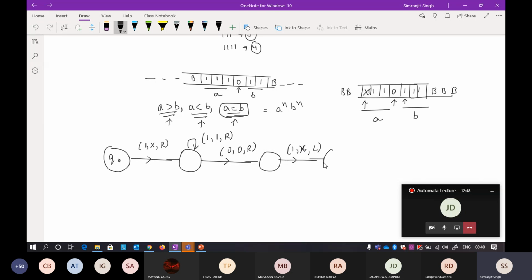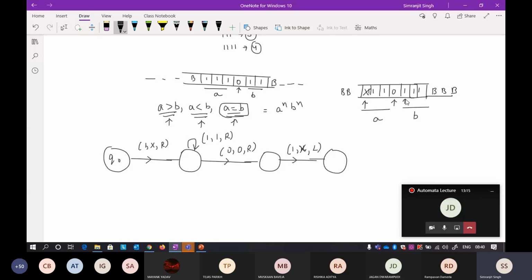Now in the path you will get zeros, and you will also get x's. I don't want to complicate this one, so let me just see what can happen. Suppose the mechanism is you replace it with x and start moving right, and you get a 0, and eventually you get a first one.